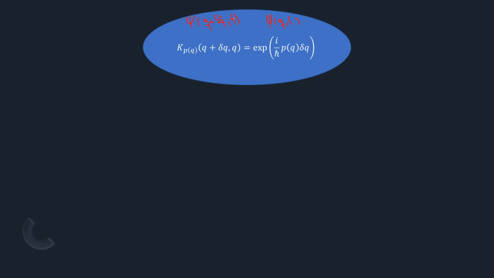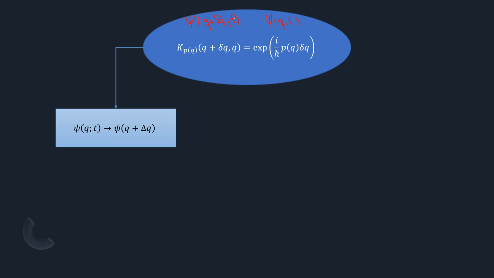This is important because now we can try to understand which transformation we must use to take the psi in point Q to the same psi, but in a point Q plus delta Q, when this is not infinitesimal.